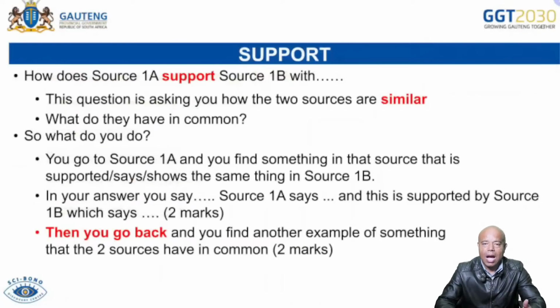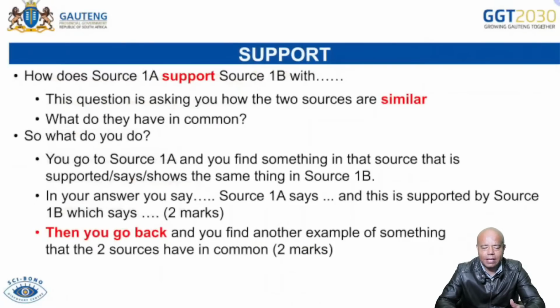Now, how do you answer this? You go to source 1A and you find something in that source that supports or says or shows the same thing in source 1B. When it shows, it means it's a visual source. When it supports or says, it's a written source. Support can sometimes be visual also, but shows means visual most of the time.